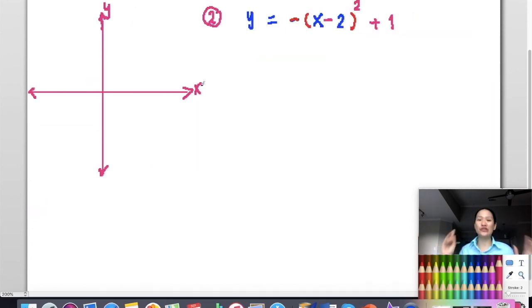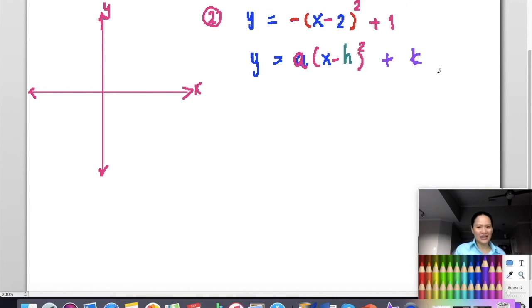How about we try to do number 2 together? Y equals negative (x minus 2) squared plus 1. Again, I try to put it in our formula. How about we write it out together? Our formula is y equals a(x minus h) to the power 2 plus k.